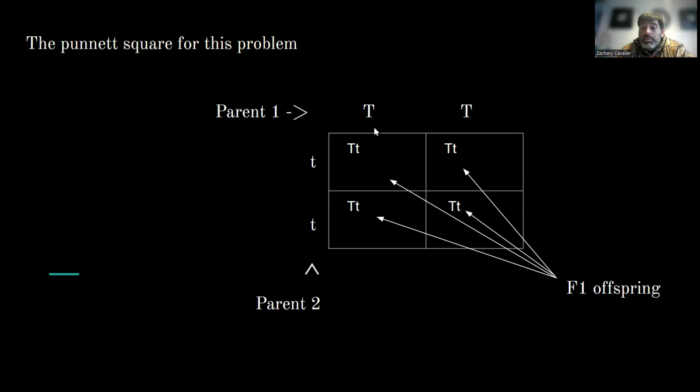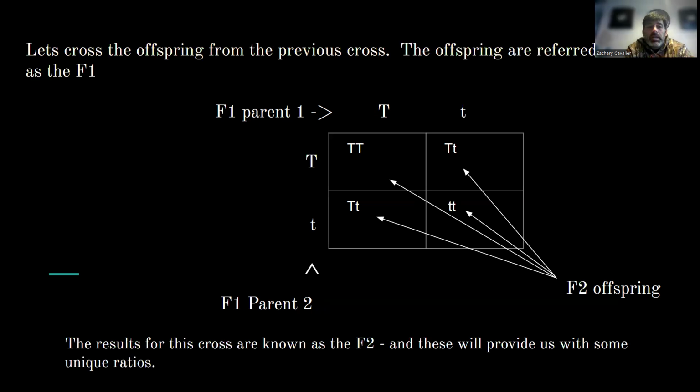The parent individuals are referred to as the P generation, not like P plant, but the letter P, parental. And the offspring of that are referred to as the F1s. So what you'll recall is Mendel did this cross, planted the offspring, and let those F1s grow and self-pollinate. And this is what he saw in the next round.